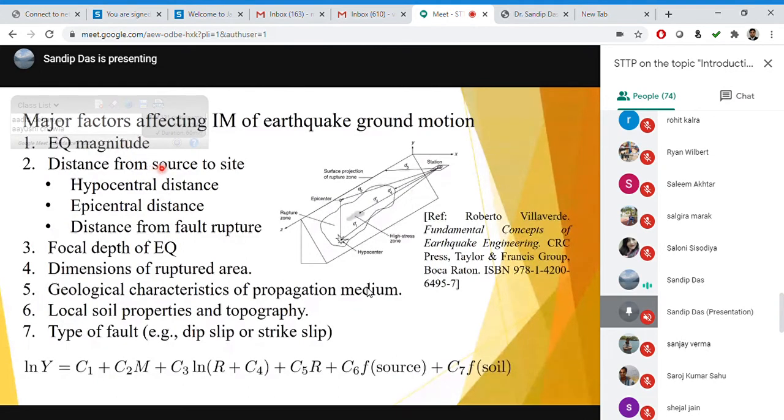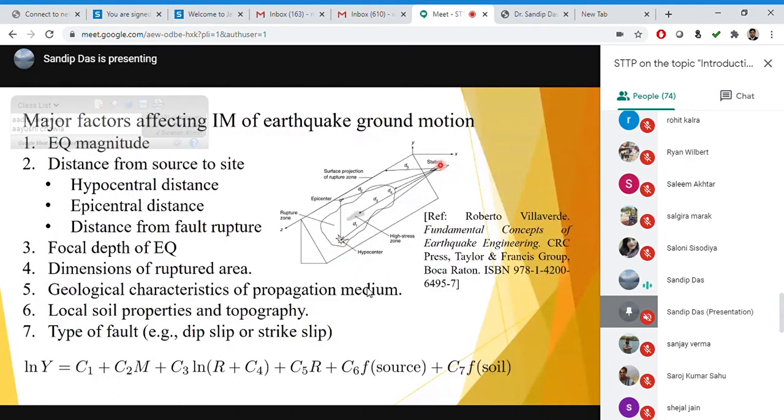Now, how far it is from me is itself a very big topic, so I'm not going into the details of that. This figure is taken from this book, and it tells you the various distances. This is the first energy release, which is called the hypocenter.